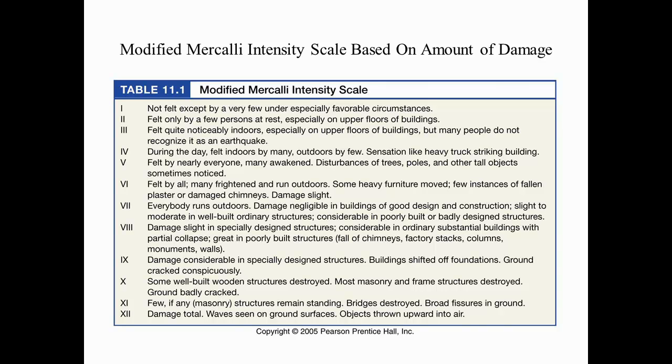If you look at the descriptions next to each one of those intensities, basically we're looking at the amount of damage, whether or not people have felt the earthquake. For example, in intensity 7, we get considerable destruction in poorly built buildings or badly designed structures, whereas well-built ordinary structures will receive slight to moderate damage, and so on.